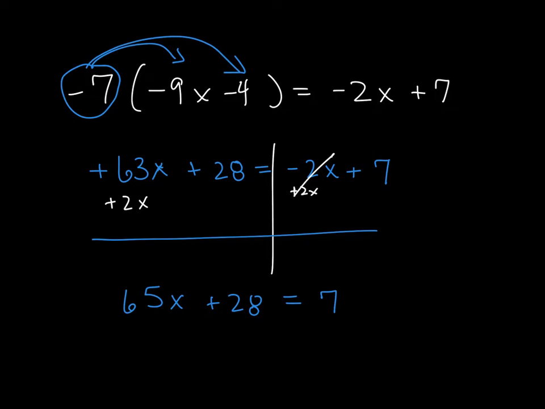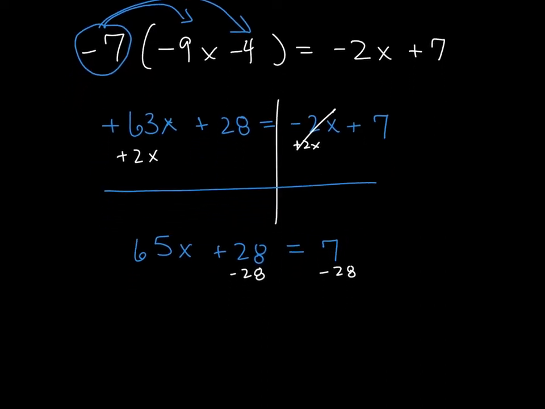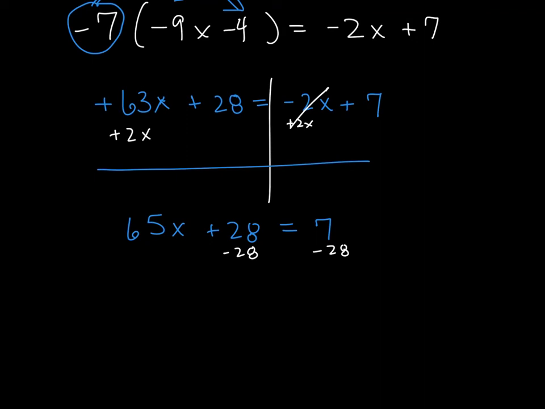Hopefully, you have the idea of moving that over; really what we're doing here is subtracting 28 from both sides, and that leaves me with 65x is equal to negative 21. I divide both sides by 65.